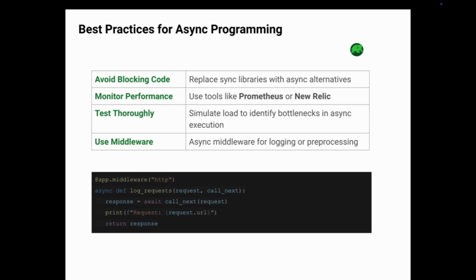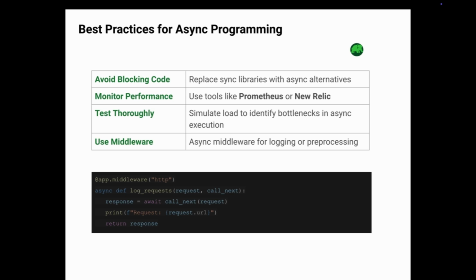Use aiofiles instead of the standard file IO libraries like the open method. Switching to these async libraries ensures that your app doesn't get stuck waiting on slow operations.